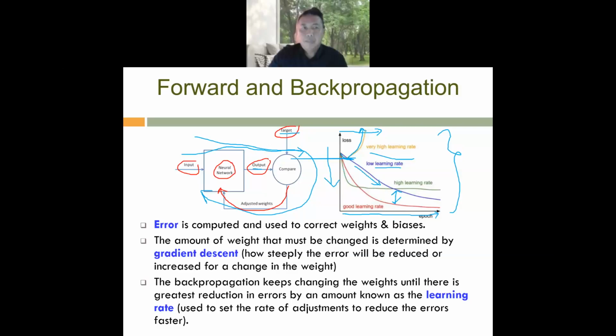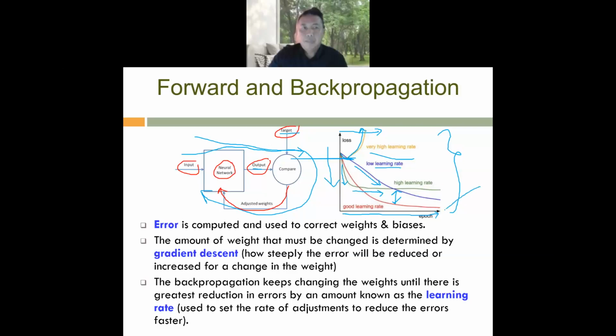And if we look at the green, that is a high learning rate. A high learning rate means you reduce the loss very fast, but suddenly you stop optimizing the process of lowering the cost.